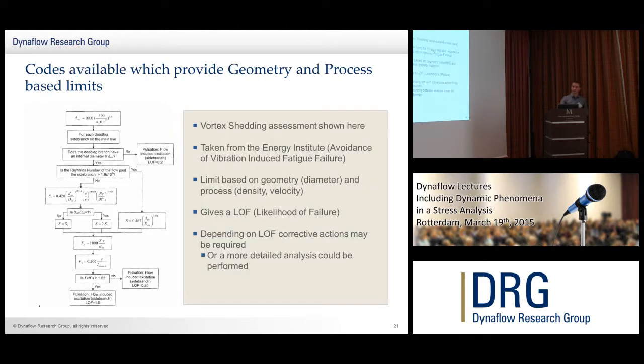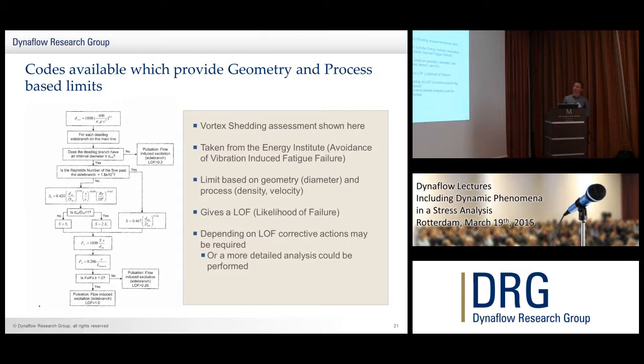Okay. So there are codes available to assess flow-induced vibrations in piping systems. The most commonly used nowadays is the Energy Institute document, Avoidance of Vibration-Induced Fatigue Failure. And what I've shown here is the vortex shedding assessment procedure from this code. And what you'll see here is you're calculating parameter D, okay? And this is calculated based on a number of parameters, including the density and the flow velocity.